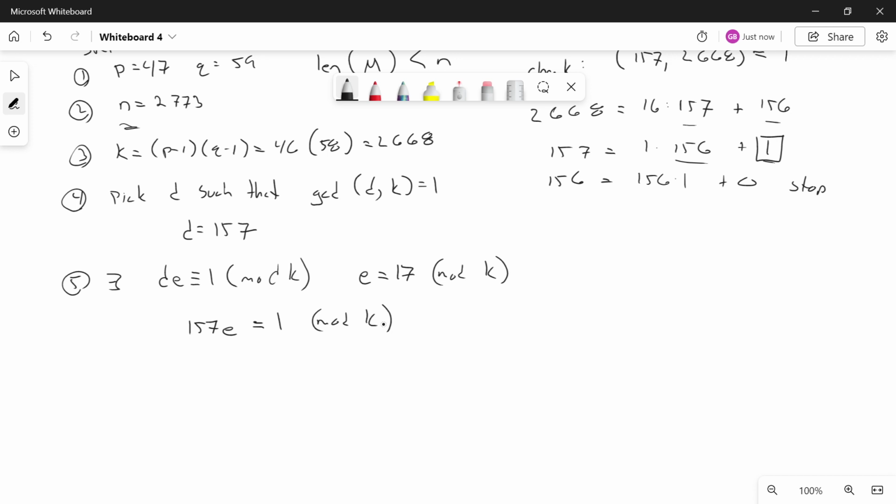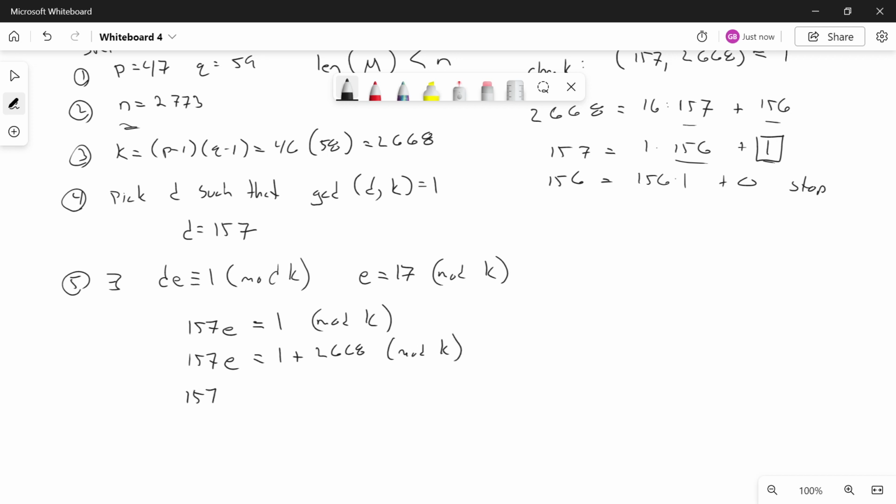This would also be true because multiples of K are really in fact just 0. So it's the same as 1 plus 0. So let's do that. Let's take 157 times E, and I'm going to take 1 and add to it K, which is 2,668. Again, mod K.